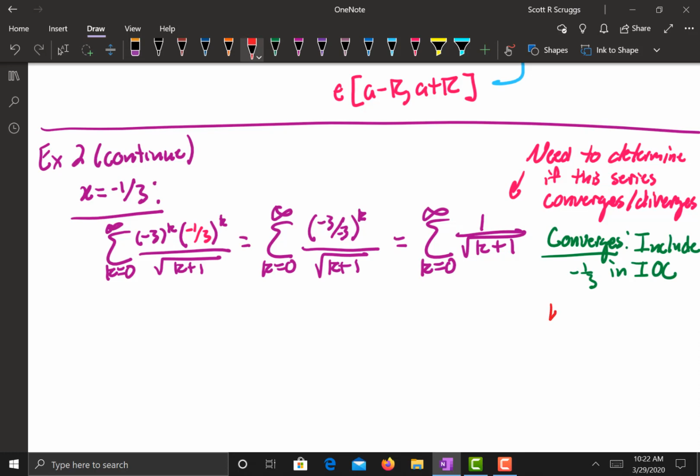However, if I conclude that the series diverges, then that means negative 1/3 is not included in the interval of convergence.